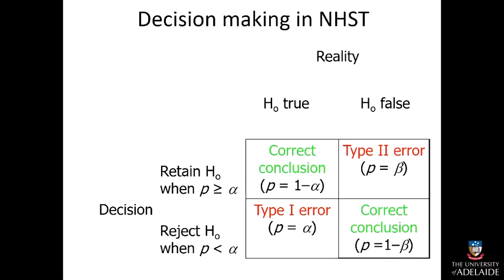Making a type 1 error is viewed very dimly in science because you are claiming that some effect exists when in fact it doesn't.